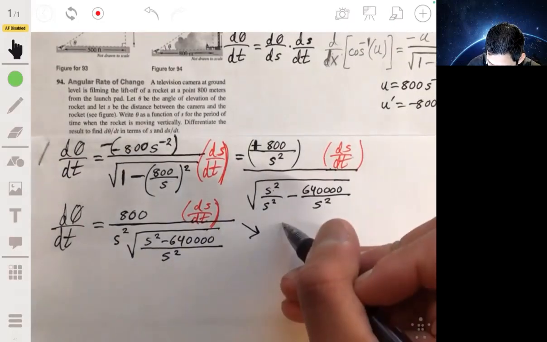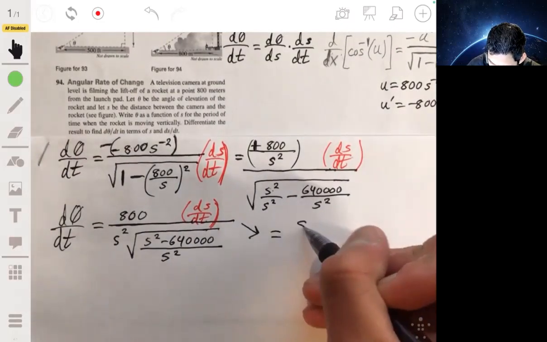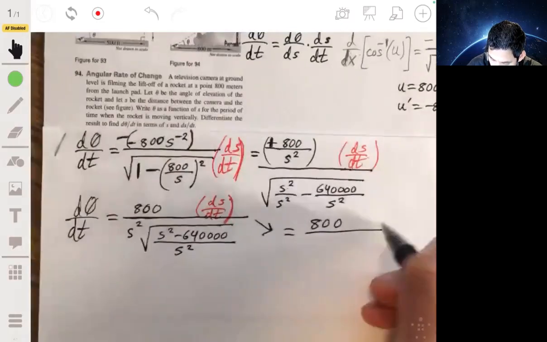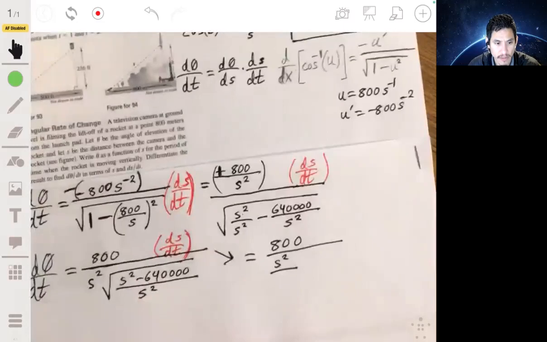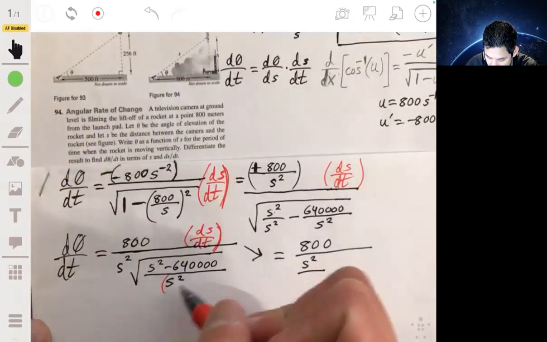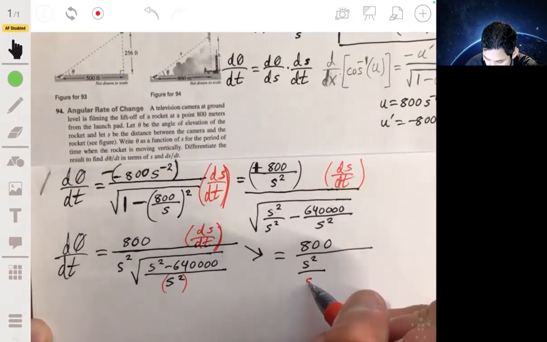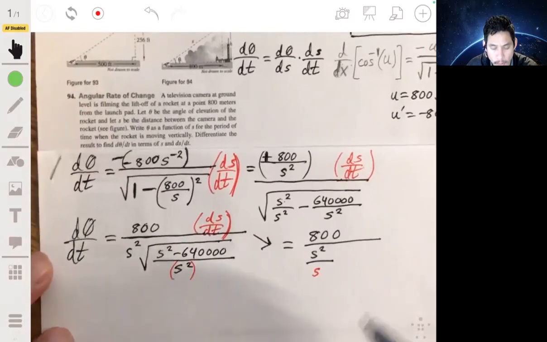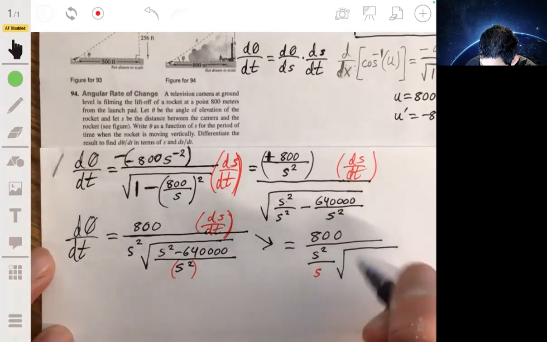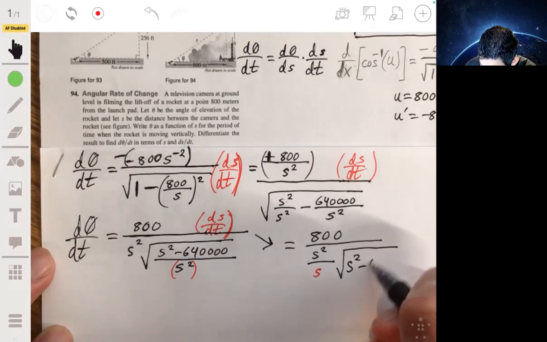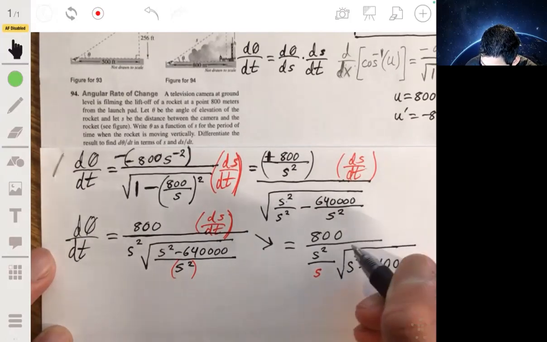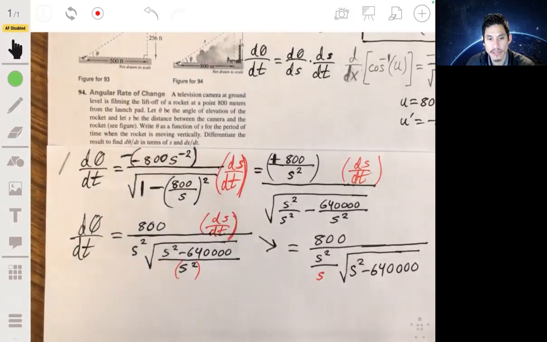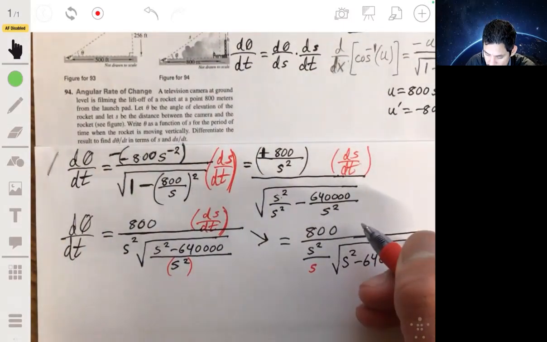So what we actually have is 800 over s squared, and then the s squared comes out, and it's just s back on the outside, times the square root of s squared minus 640,000, all that times ds dt.